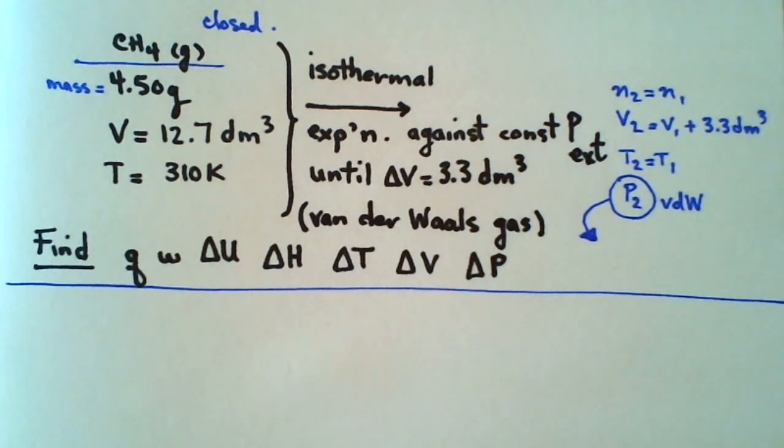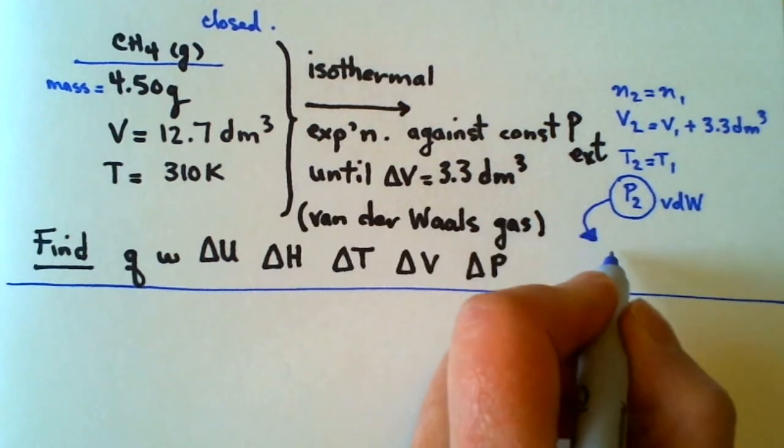Just going to get all my data ready. Think about how the perfect gas equation of state was modified. So P is equal to nRT over V. In terms of molar volume, I could write that as P is equal to RT over Vm.